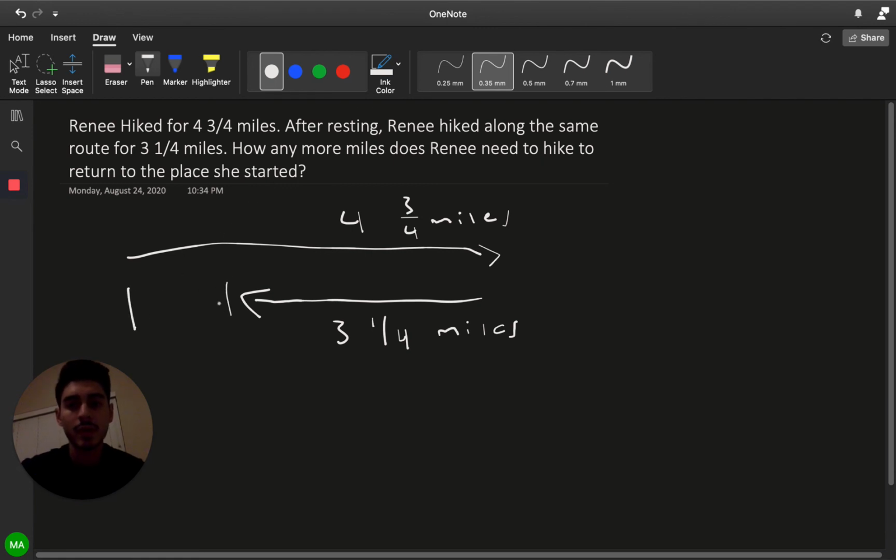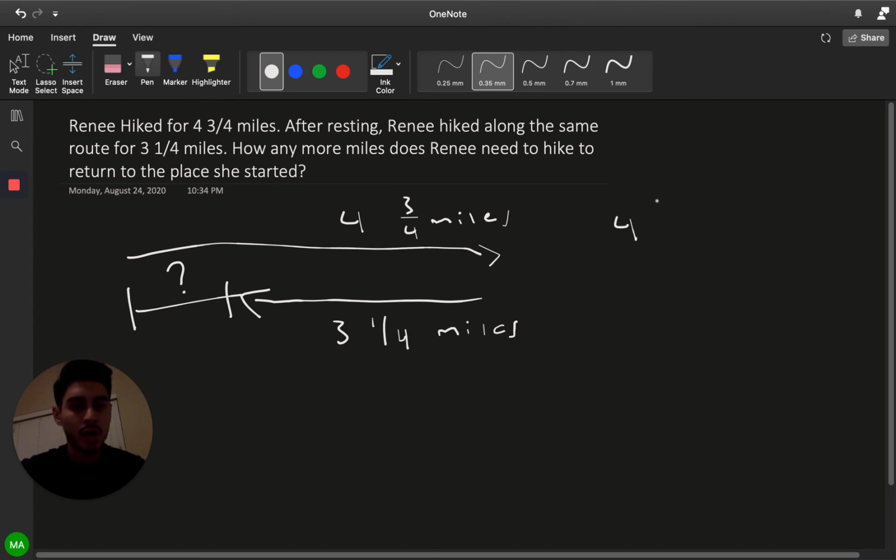So you want to find this little range right here. So this is what you want to find. There we go. So what we can do is we can just go ahead and subtract it out.